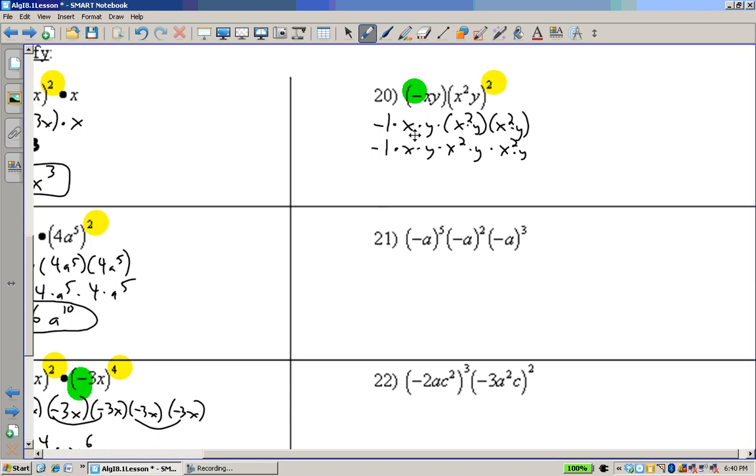We have 1, 2, 3, 4, 5 x's. We have 1, 2, 3 y's, and the opposite of all that because of the negative 1 times.